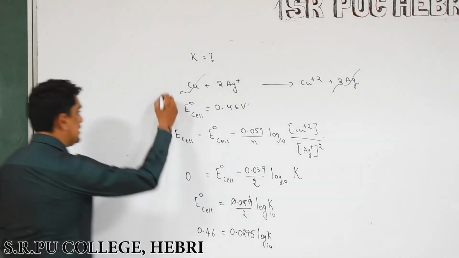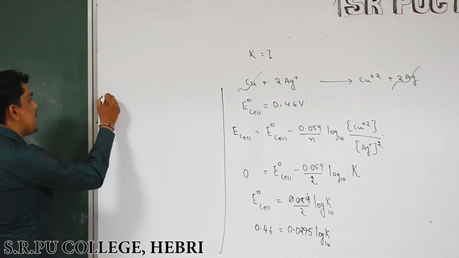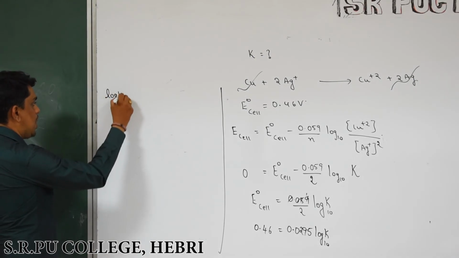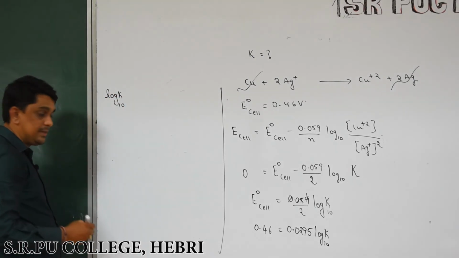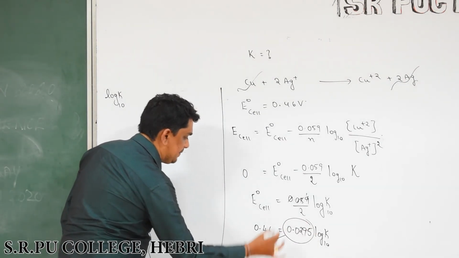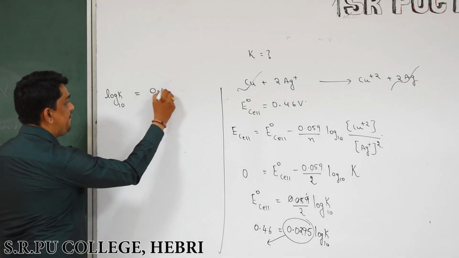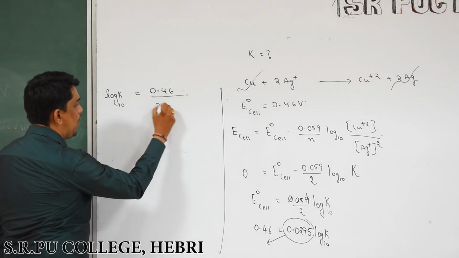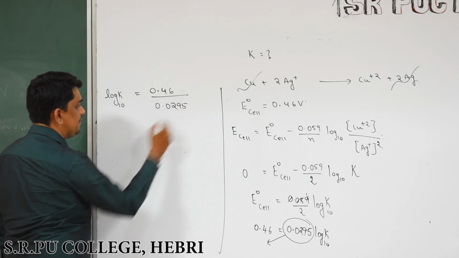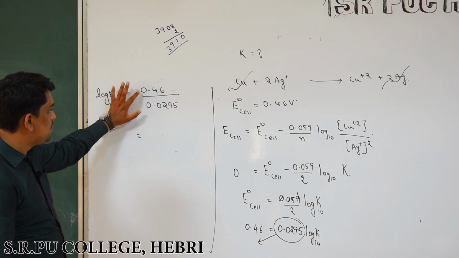I want to find out log K to the base 10 first. Let me take this to the other side, so it is going to the denominator. It is 0.46 divided by 0.0295.